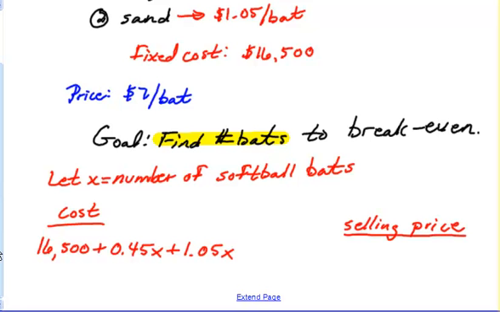How can I calculate how much I'm selling it for, or how much I'm getting at the cash register? How much am I charging per bat? $7. So $7 per times X. And what do I want to do to break even? To know that one is not bigger than the other, makes them equal. Okay.